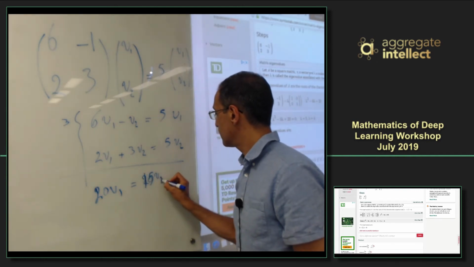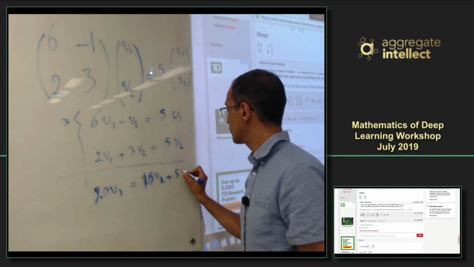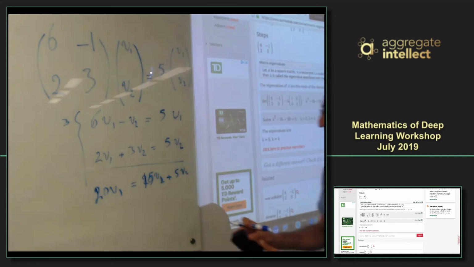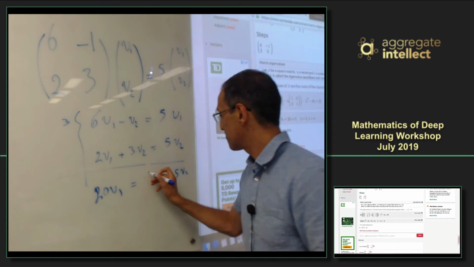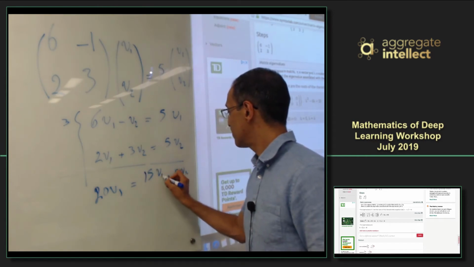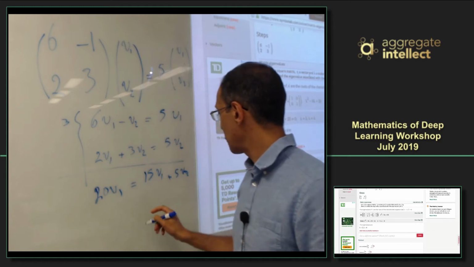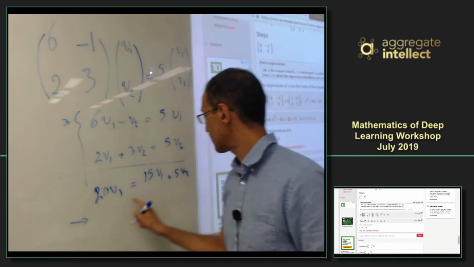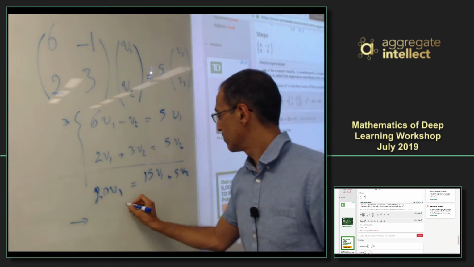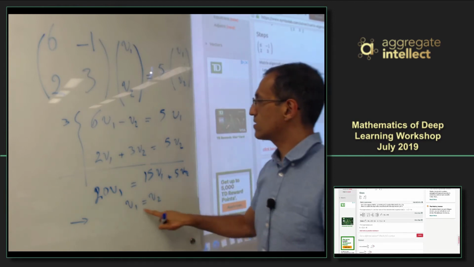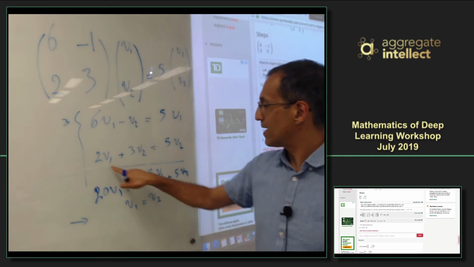15 v1 plus 5 v2, and that tells me v1 and v2. v1 equals v2, and I put it back in here.